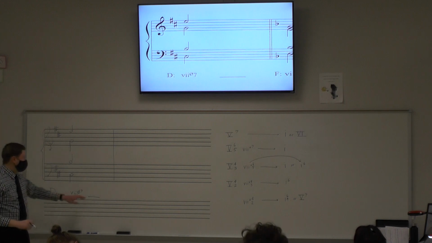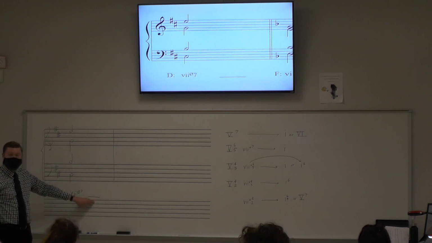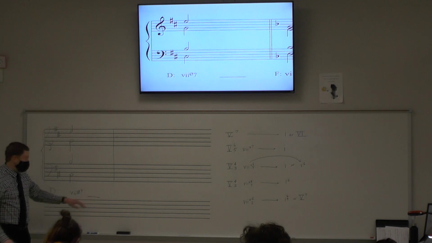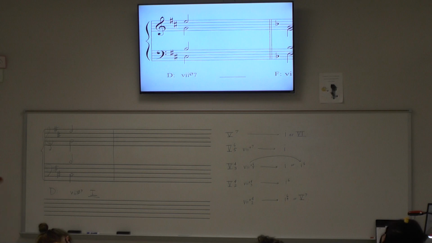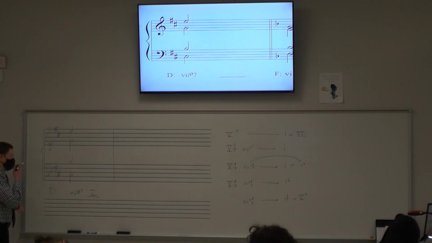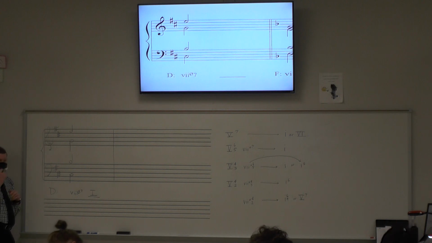You tell me what Roman numeral goes in the blank here. This is not a trick question. Root position I, right? Is it lowercase or capital? Capital I, we're in a major key. So I know it has to go to that. Find the two tendency tones.